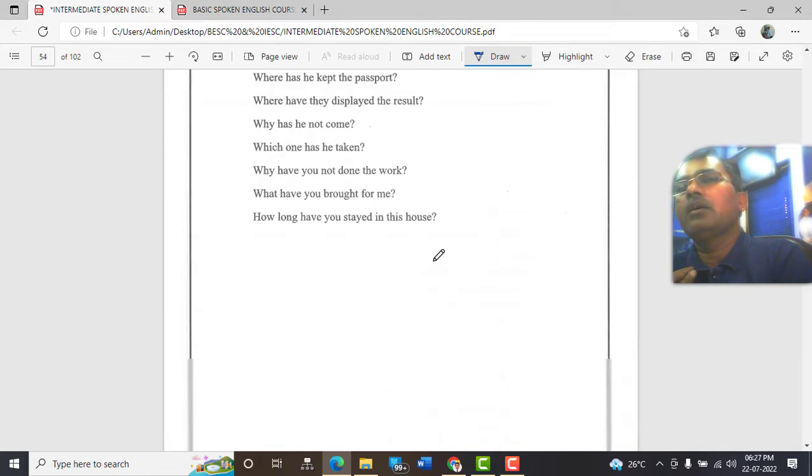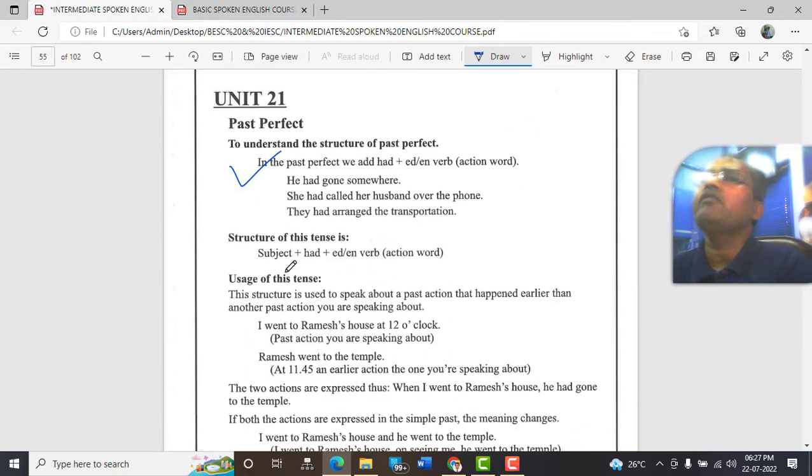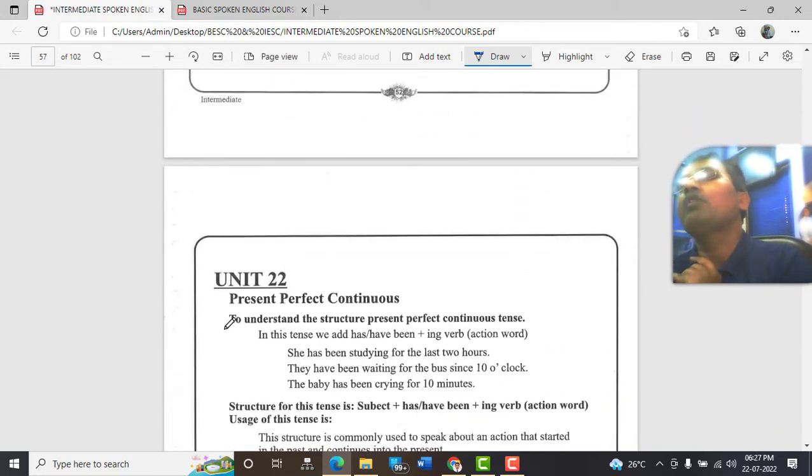And then we will go for unit 21, past perfect tense, and again future perfect tense. All these are very important while you are framing your sentences. Let me put it like this, most of the communicators, when they are communicating in any language, they mostly go wrong in tenses.